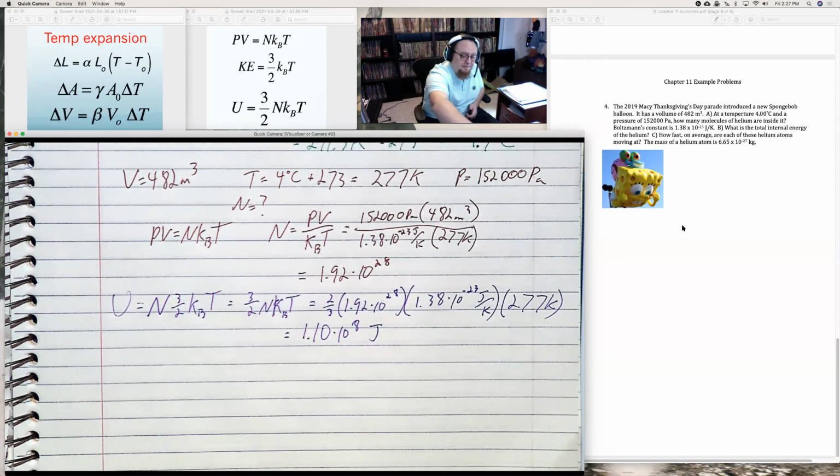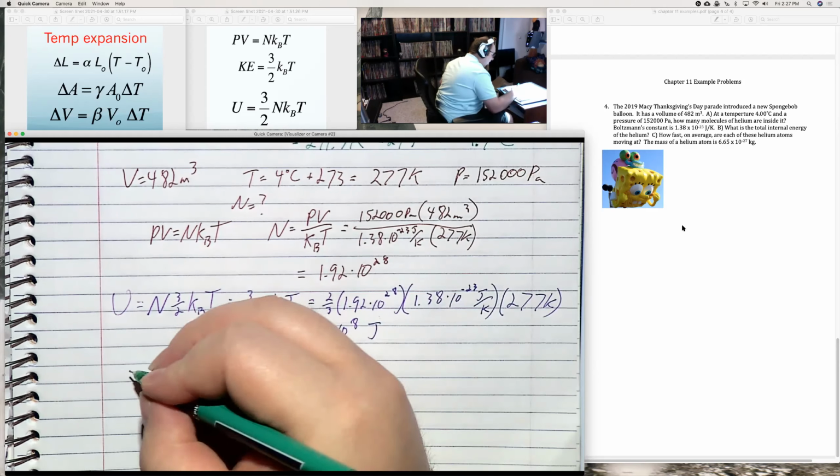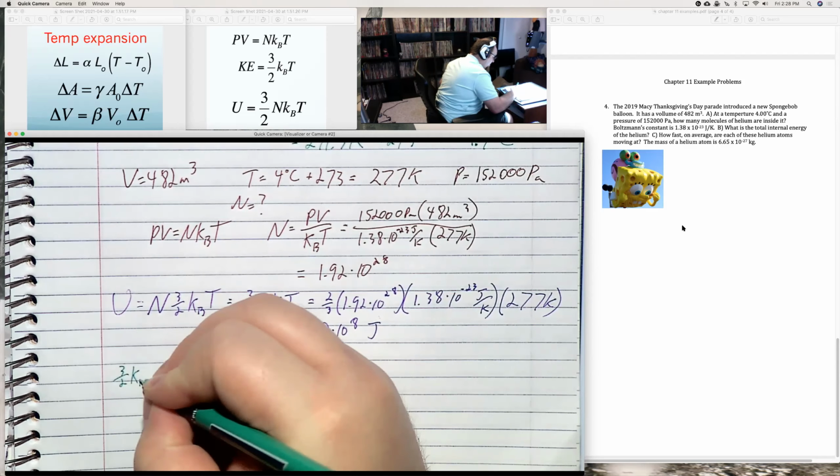Part C. Part C is how fast, on average, are each of these helium atoms moving? Here's the mass of helium. I actually gave exactly the equation for velocity of a molecule in class. I didn't put it up on the screen, so you could jump straight to that equation. I don't have that equation memorized, so I'm going to really quickly derive it. You see, the kinetic energy of a molecule is 3/2 kT.